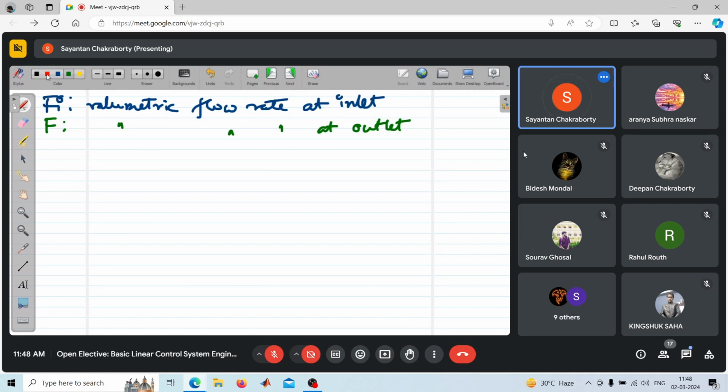Okay, say V is the volume of liquid in the tank, and say rho is the liquid density.